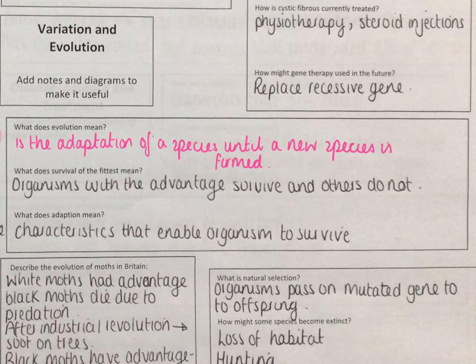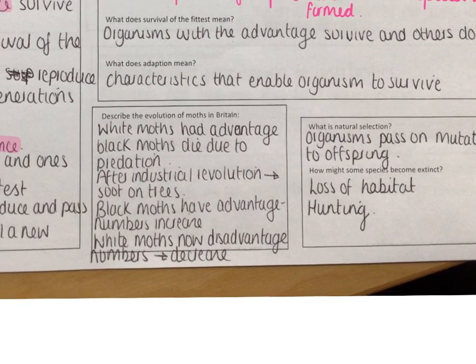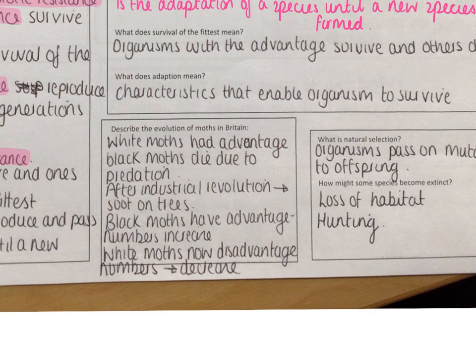From there, what does survival of the fittest mean? Organisms with the advantage, or with the mutated gene, survive and the others without it do not. What does adaptation mean? The characteristics that enable organisms to survive.